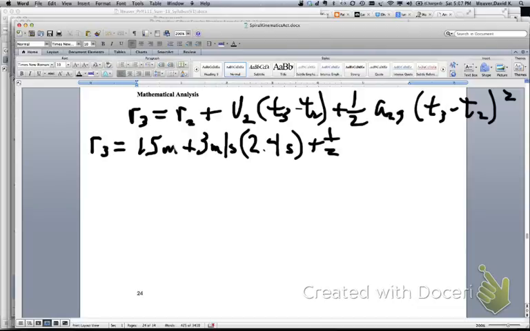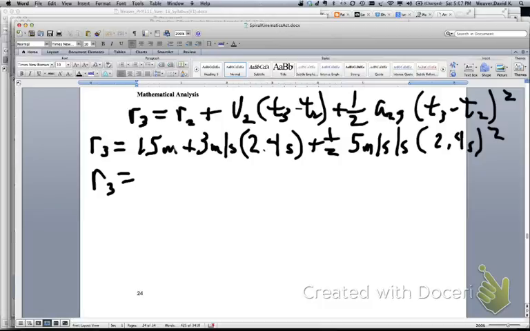Plus 1/2, and we figured out that the acceleration was 5 meters per second squared. Again, T3 equals T2 plus 2.4 seconds, so combined that gives me 2.4 seconds, and that is quantity squared. With the help of a calculator, I'm thinking about 36, that's 6.6 meters.